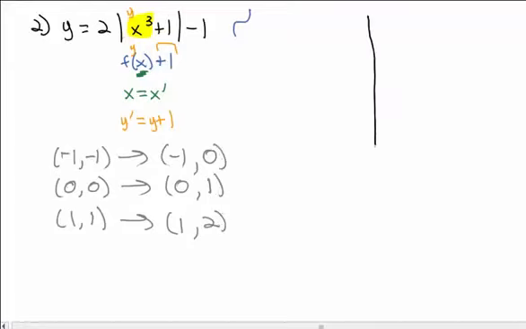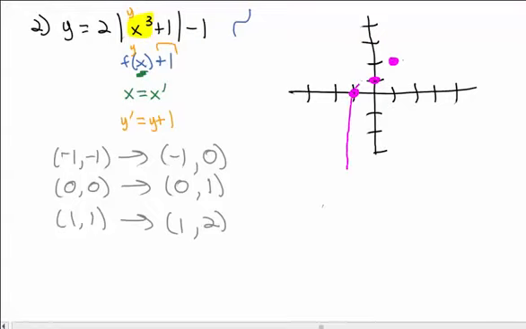And so when we graph the original cubic, what's inside the absolute value, we have these points of -1, 0, 0, 1, and 1, 2. So the graph comes up and bends.